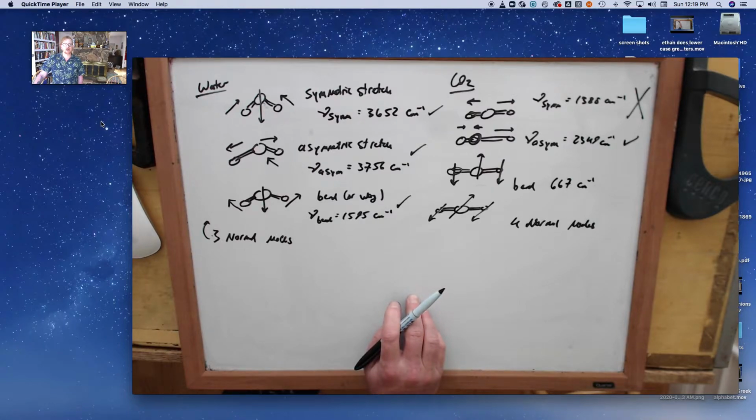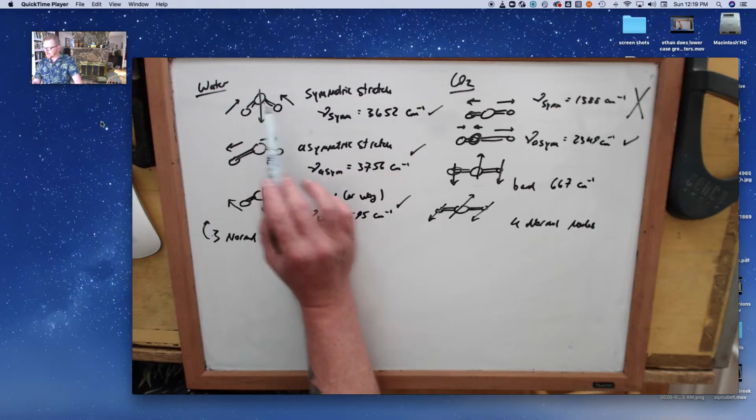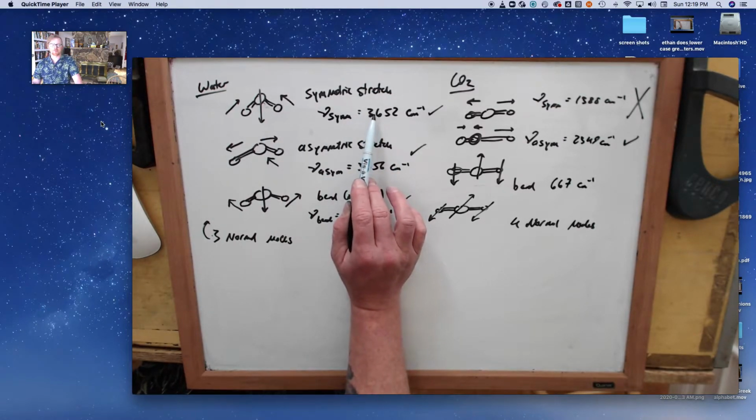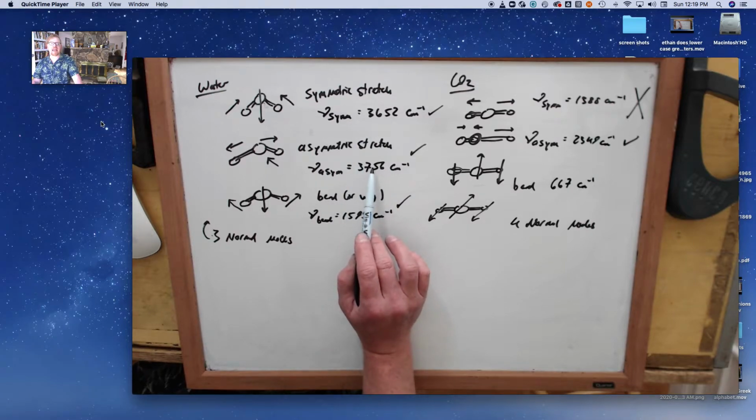So there's an equation that we can come up with to calculate the normal mode. I'm not going to derive it, but I'll describe a normal mode. It's an independent synchronous motion of atoms or group of atoms that may be excited without leading to the excitation of any other normal mode. So in other words, when I stimulate the symmetric stretch in water, it will not stimulate the asymmetric stretch.